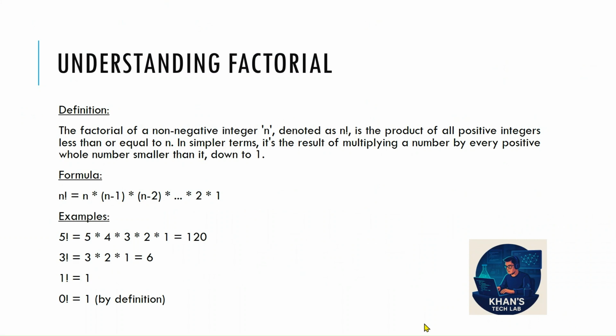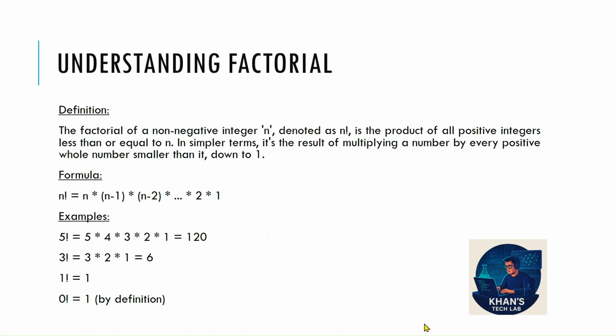Factorial, as the definition says, of a non-negative integer n is denoted as n with an exclamation mark, which represents n factorial. So this n factorial is the product of all positive integers less than or equal to n.